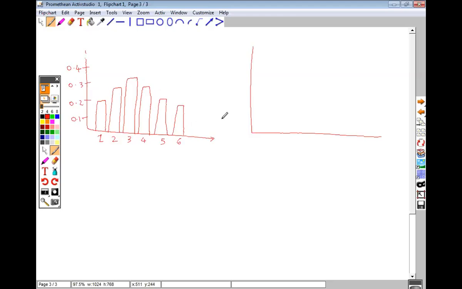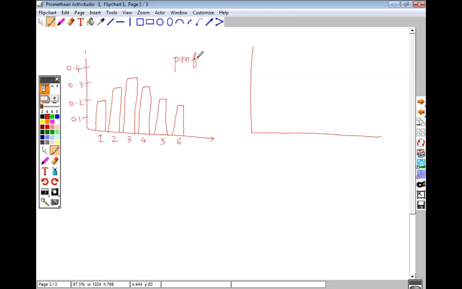Let me ask this question: what is this graph that I have just drawn here? It's a bar plot, yes. Anything else? Maybe let me give you a hint. What is the full form of PMF?